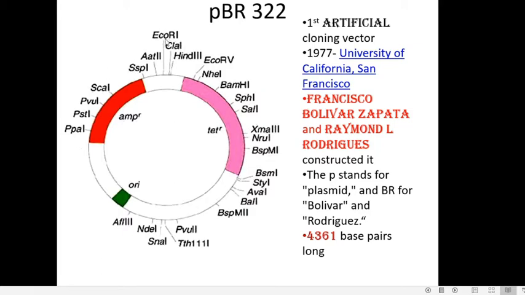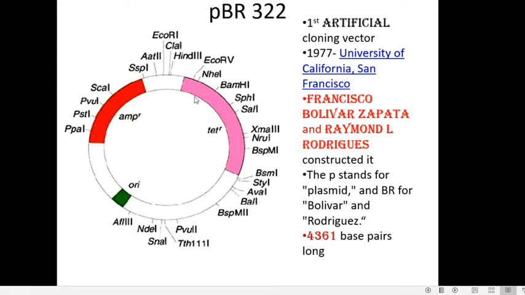This is EcoRI, BamHI, ScaI, PvuI, PstI, BsmI, PvuII, SnaI, EcoRV, HindIII, ClaI, etc. So all these are restriction sites, which means that the sequence present at this region in this vector is the palindromic sequence which is identified by the restriction enzyme EcoRI for cutting.